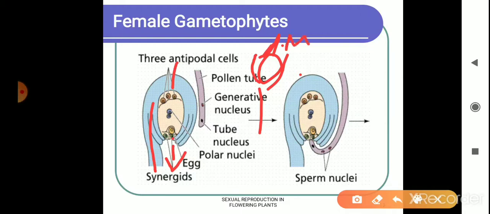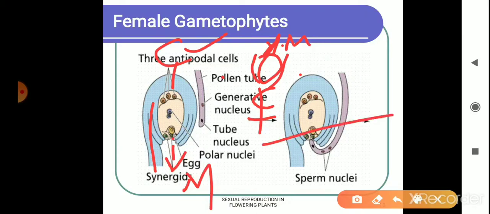This is the micropyle, this is the chalazial end. In this figure, the micropyle lies here, and this is the chalaza. So see, the micropyle lies on the upper side in one and on the lower side in the other. The chalaza lies on the upper side in one and lower in the other. This is the difference between an orthotropous and an anatropous ovule.